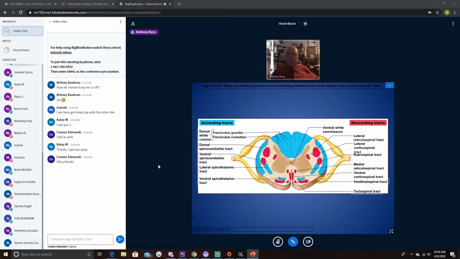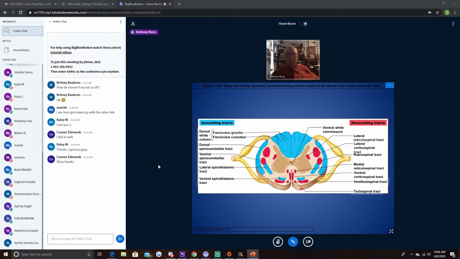Now, why do I say this is so important? It's so important because people get spinal cord injuries. If a person has a posterior cord injury, they will injure their ascending tracts. Thus, you can expect that person to have lost sensation.